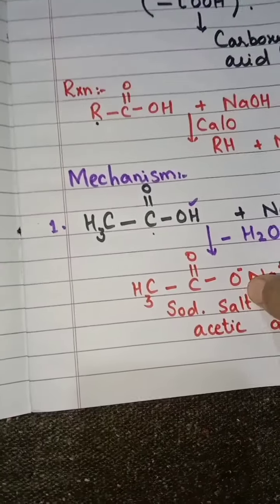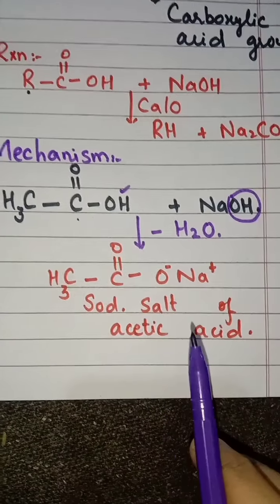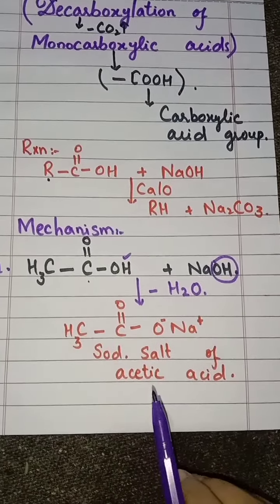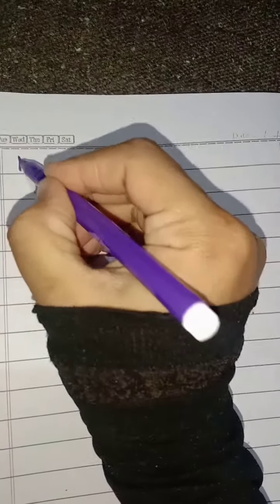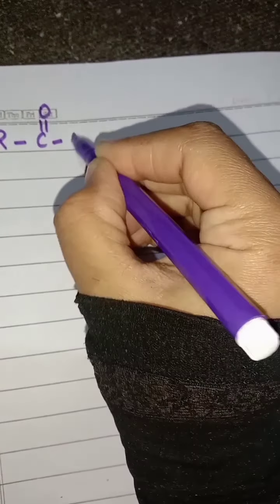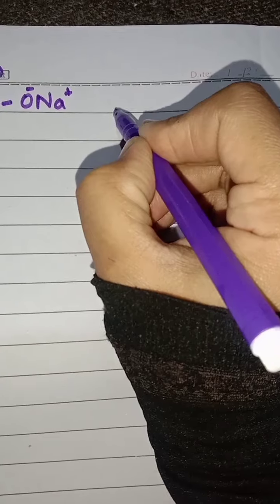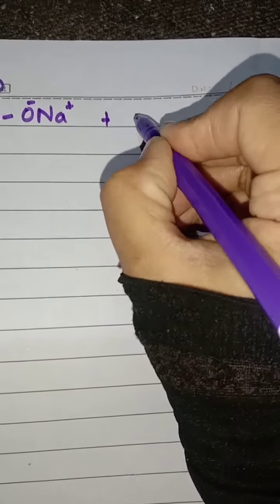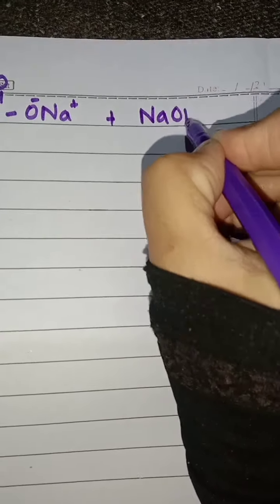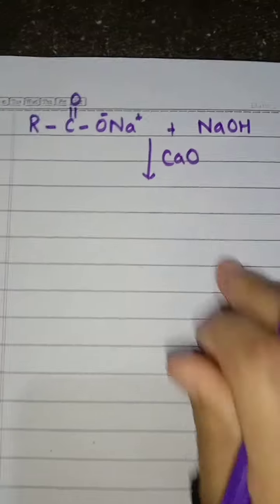Now in the second step, this sodium salt of acetic acid will react with soda lime. Soda lime means sodium hydroxide again in the presence of calcium oxide.